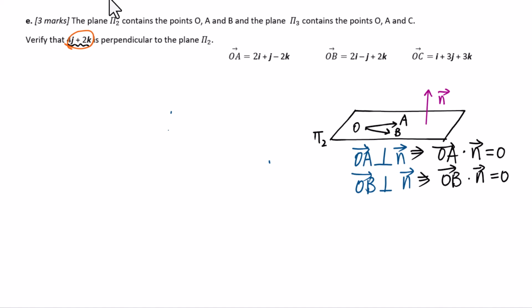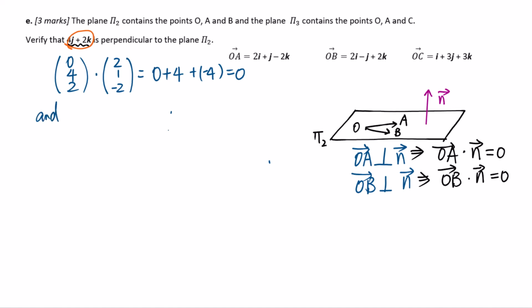So we just need to check this vector (0, 4, 2) dot vector OA (2, 1, -2) equals 0 plus 4 plus -4 equals 0.